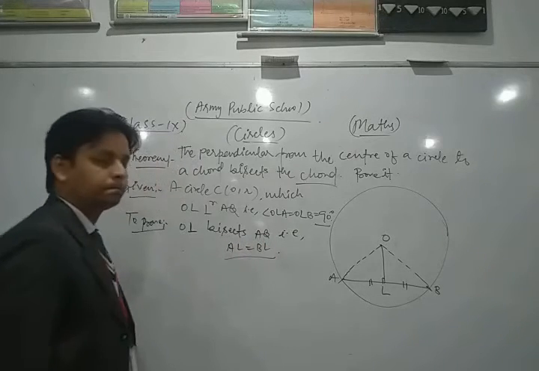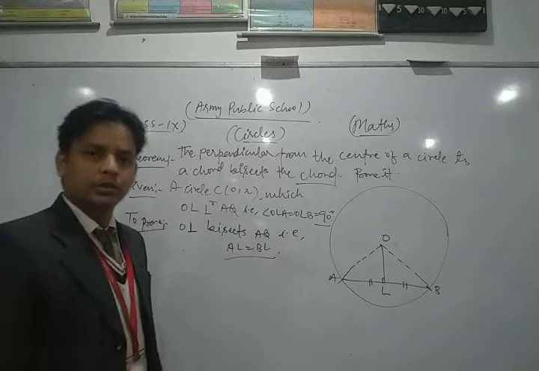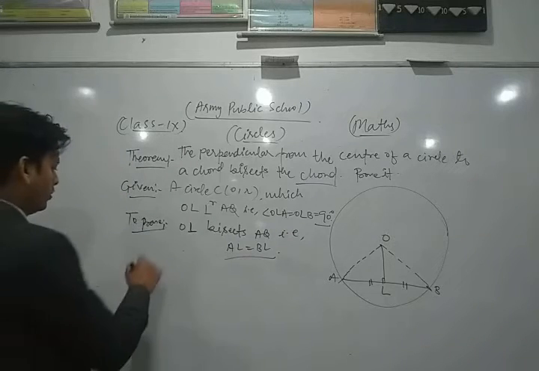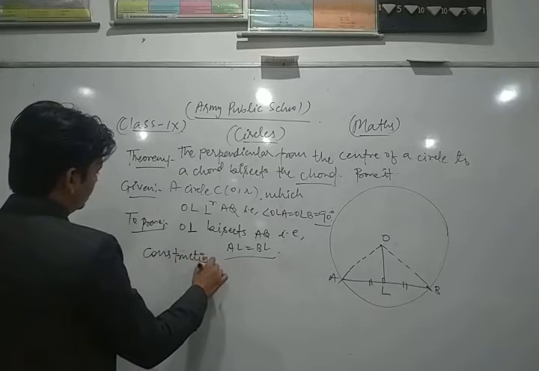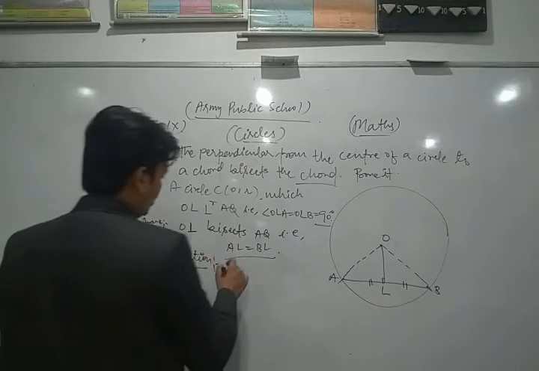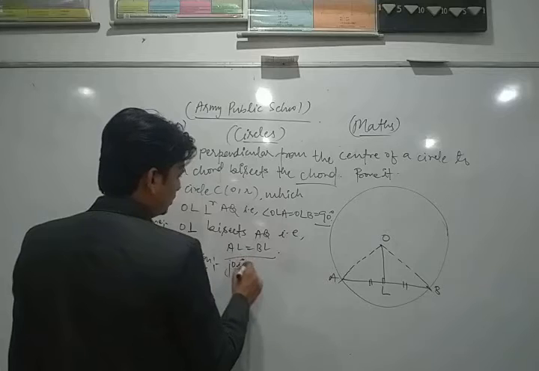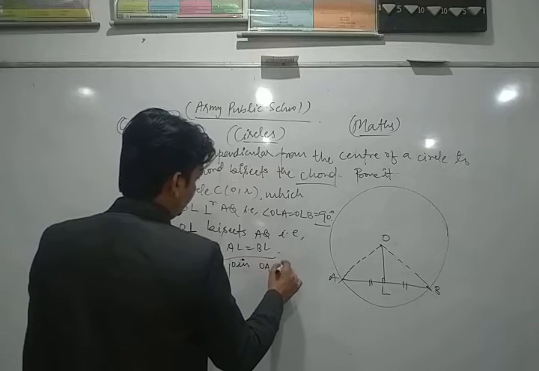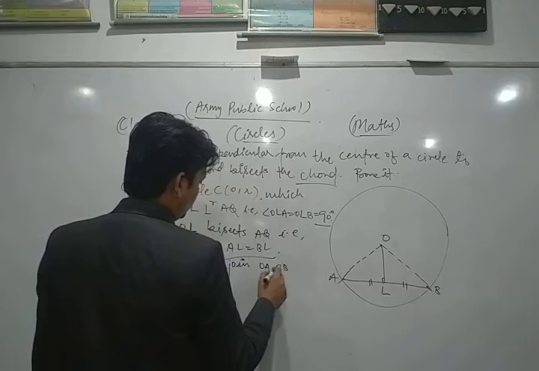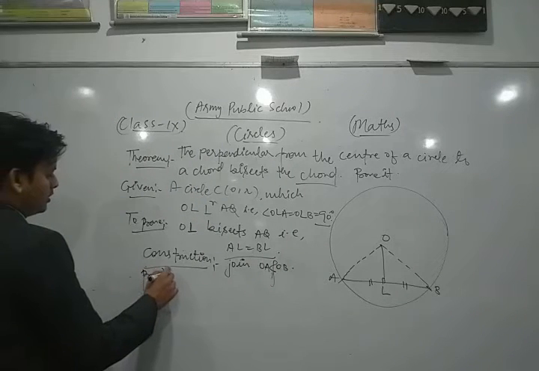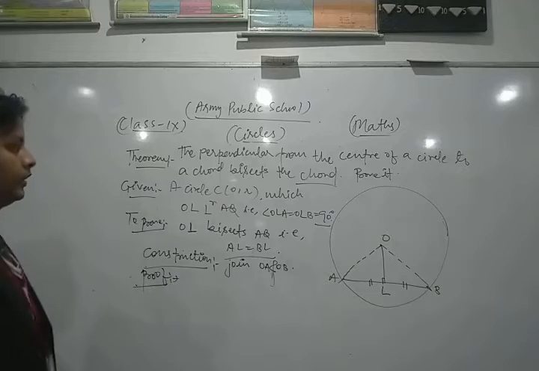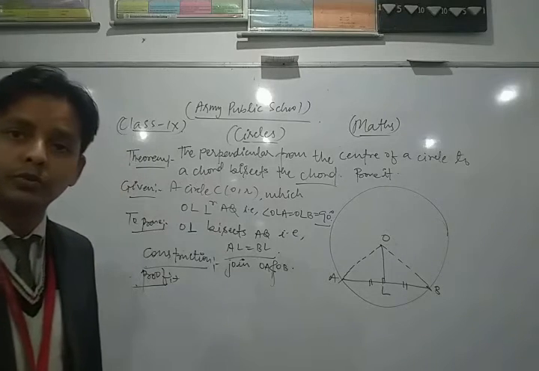We have to do some construction also. We write Construction: join OA and OB. Now we will write its proof. This is the proper sequence for proving any theorem.